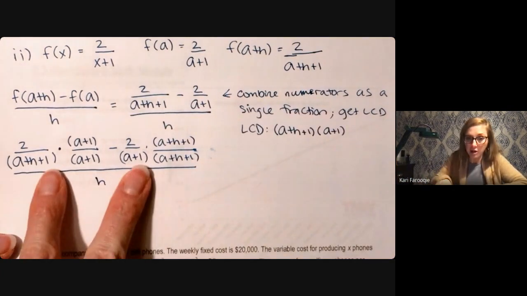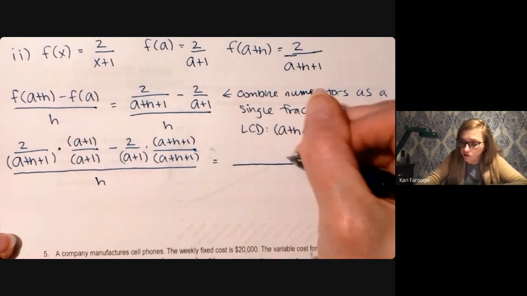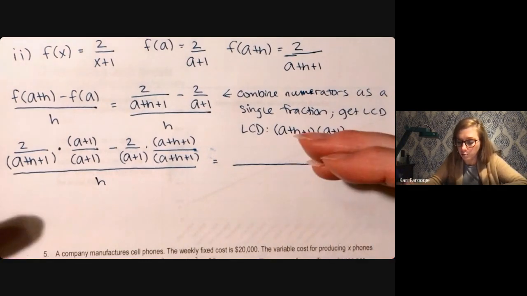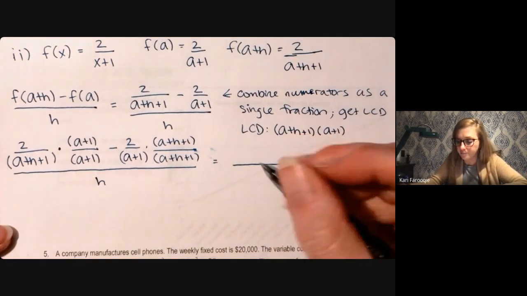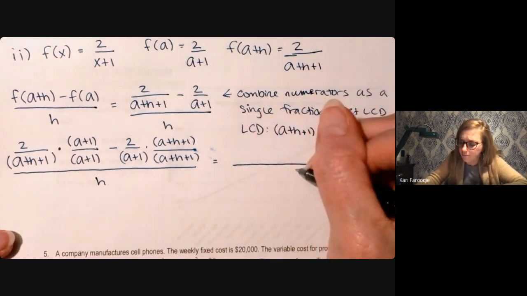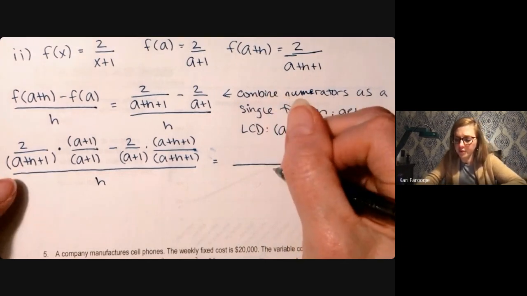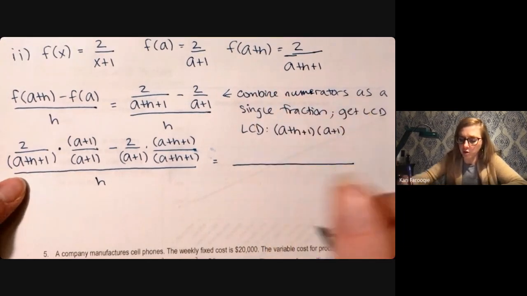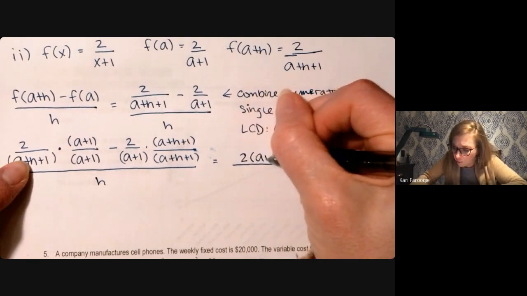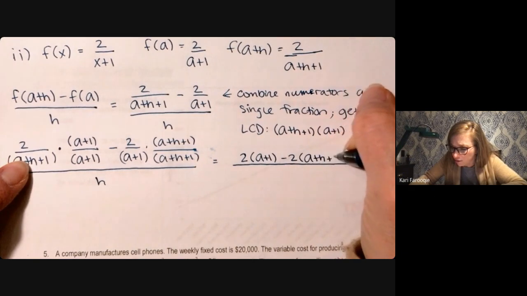We have a common denominator, and as long as we have a common denominator, we can subtract both of those numerators from each other and just leave that denominator by itself. I'm going to let this be the big fraction bar. So we're going to write this as twice a plus 1 minus twice a plus h plus 1.